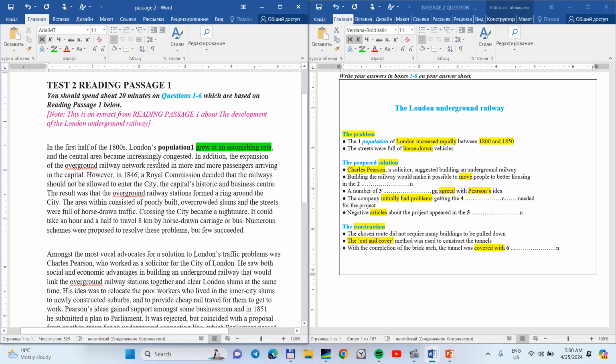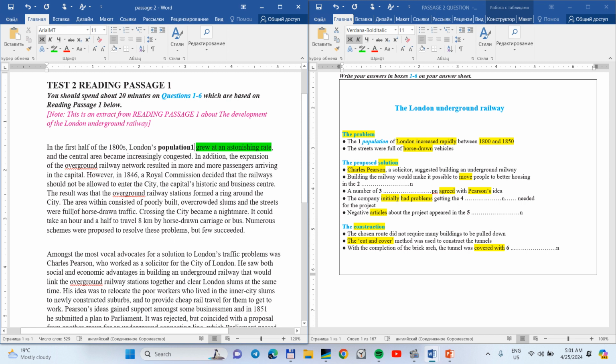However, in 1846, the Royal Commission decided that the railway shouldn't be allowed to enter the city, the capital's historic and business center. The result was that the underground railway stations formed a ring around the city. It should be in a circular position and it shouldn't enter the city center.